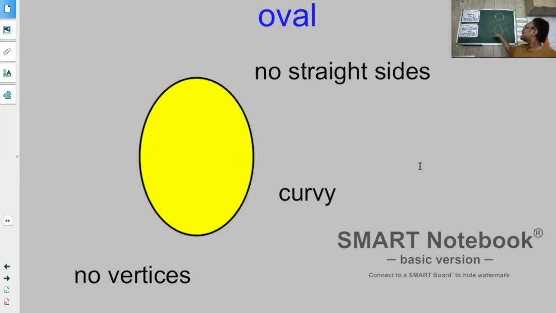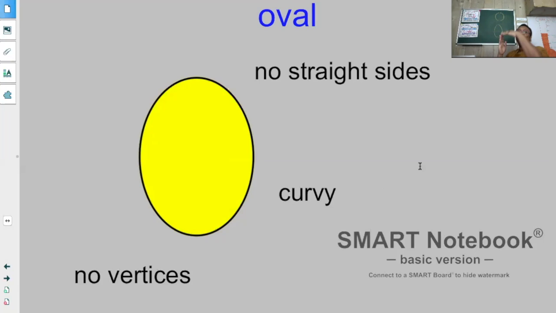Now, as you can see, I've drawn here on my board two shapes. One is the oval and one is the circle. And we're going to compare these two shapes. Now, we know that shapes like the square and the rectangle that we just talked about have straight sides, right? Straight lines.